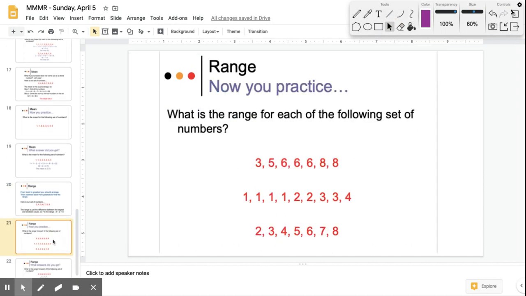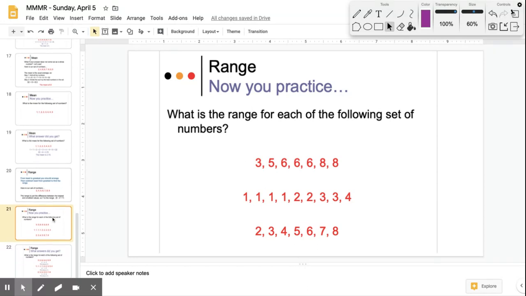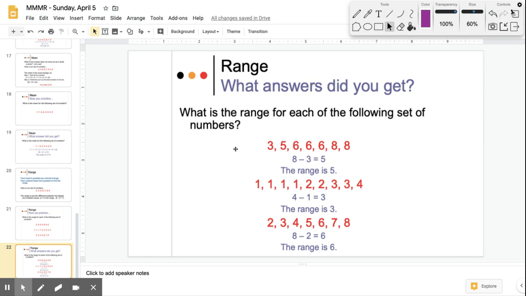And then you can try the next 3 examples on this slide. Let's see how you did. In the first example, 8 is the biggest number. 3 is the smallest number. You subtract them. 8 minus 3 equals 5.